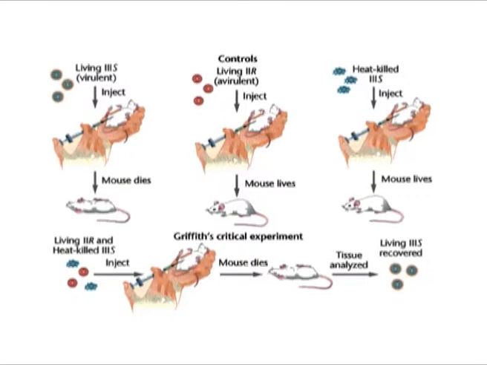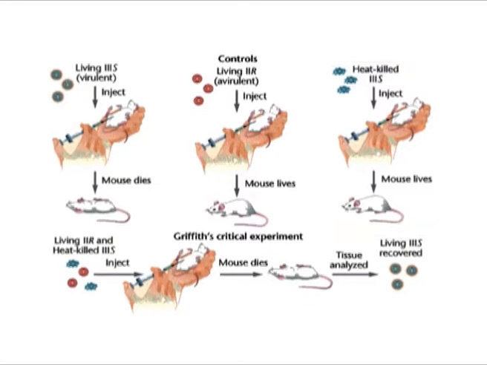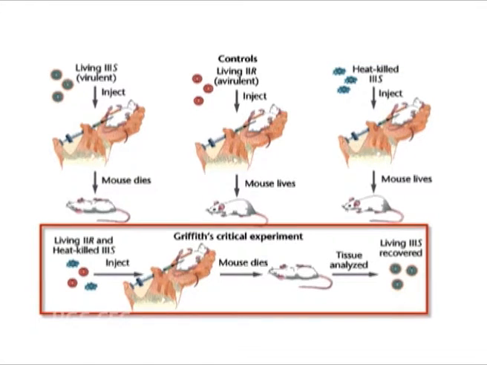While performing experiments, Griffith found that when the boiled virulent bacteria were injected into the mice, they did not die, and at the same time, no pneumococci could be recovered from the mice. However, when he injected a mixture of heat-killed virulent bacteria and living non-virulent bacteria, the mice not only died, but he could recover living virulent bacteria from the dead mice.